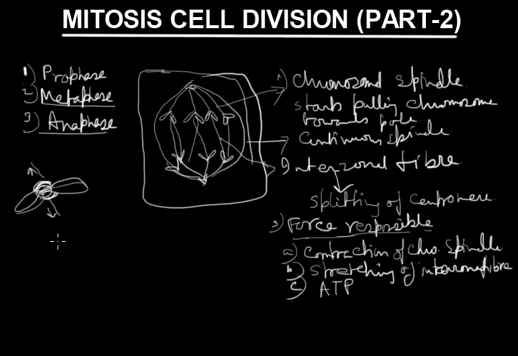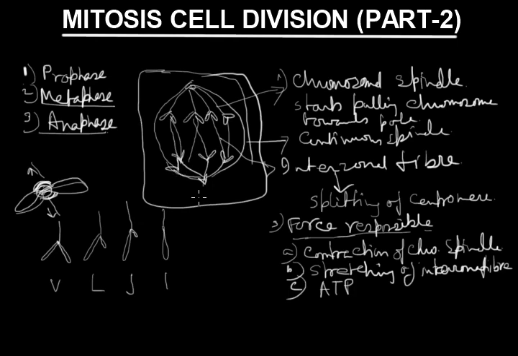If the chromosome is metacentric, it appears like a V. If it's submetacentric, it will appear like an L. In case of acrocentric, it will be something like a J. And in case of telocentric, it will be like an I. So that will be the shape of the chromosomes after being pulled towards the poles during anaphase.